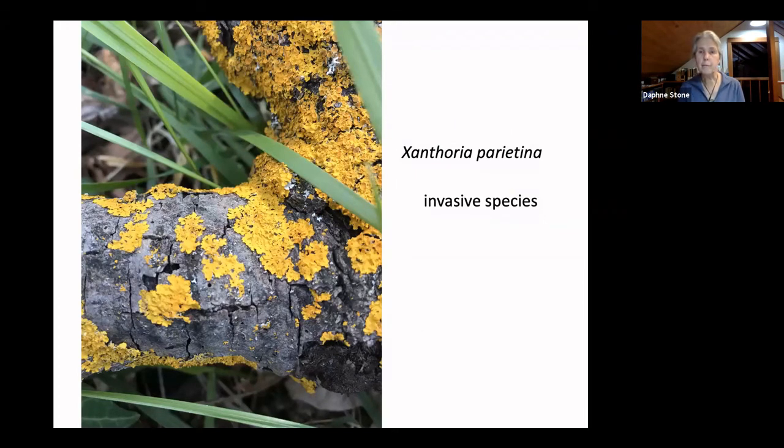The best place to find it is in a new housing development, looking at the trees they've planted along the street. Often it has this species growing on it. It's invasive, but it's hard to know if it's actually harming other species or just filling in spaces on the bark.